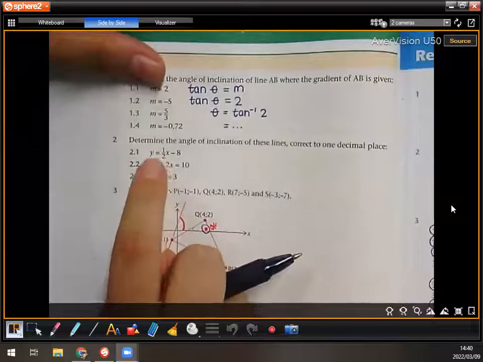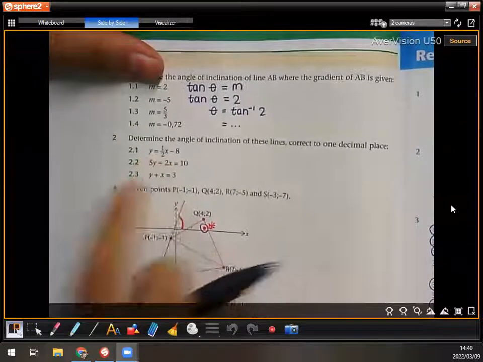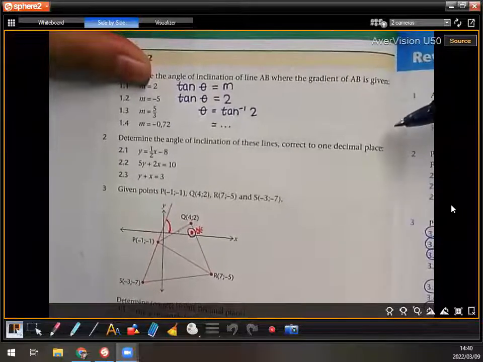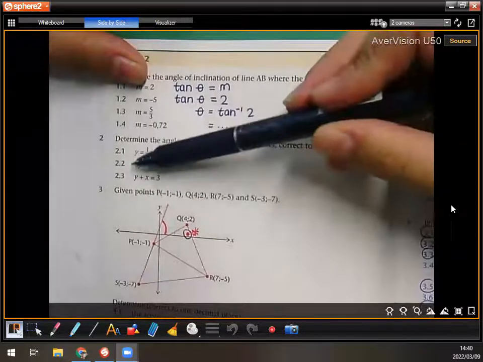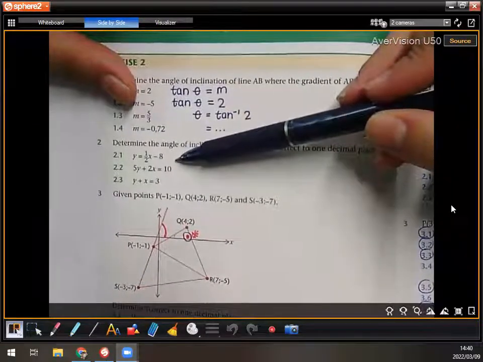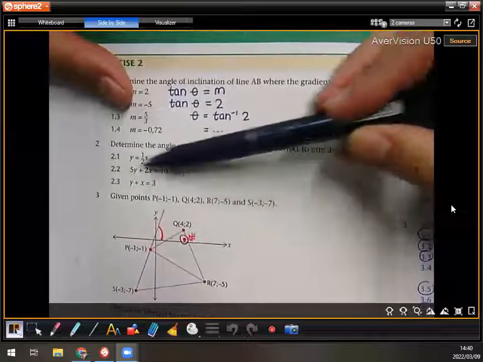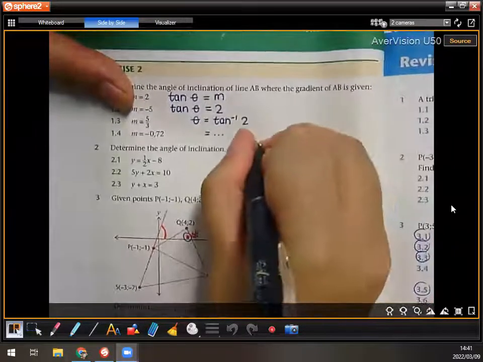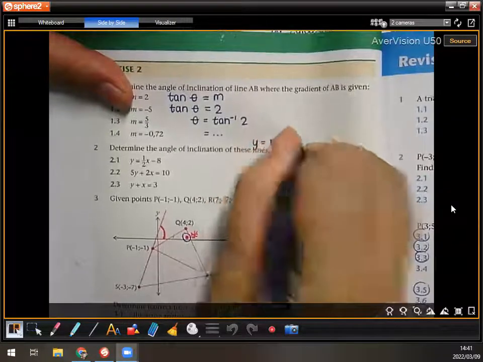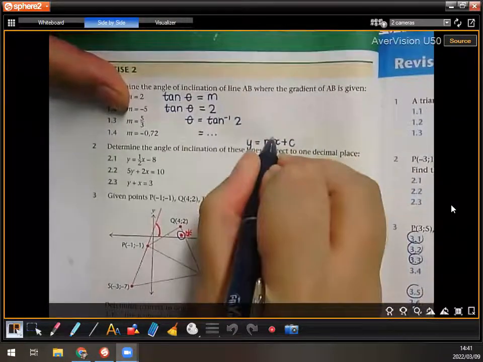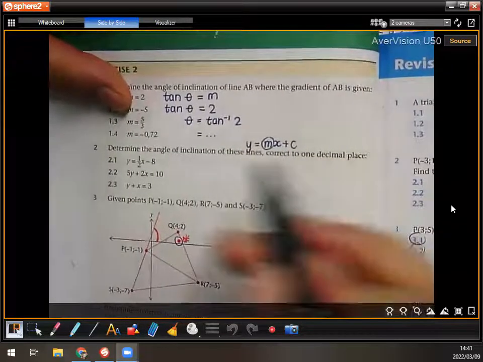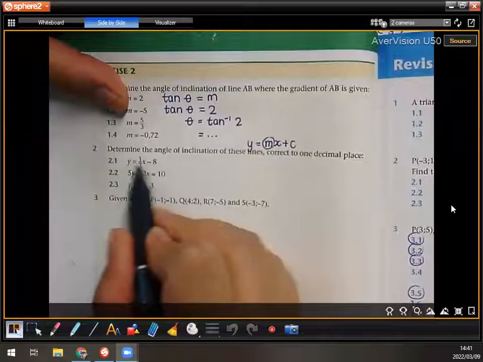In number 2, it's slightly different, guys. Let's look at 2.1 here. Determine the angle of inclination of these lines correct to one decimal place. Now they've given you the equation of the line. They're not telling you explicitly m is equal to this. So we remember the standard form of the straight line equation, y equals mx plus c. M is the value that we are using in our angle of inclination calculation. So what is my m value for the first one?